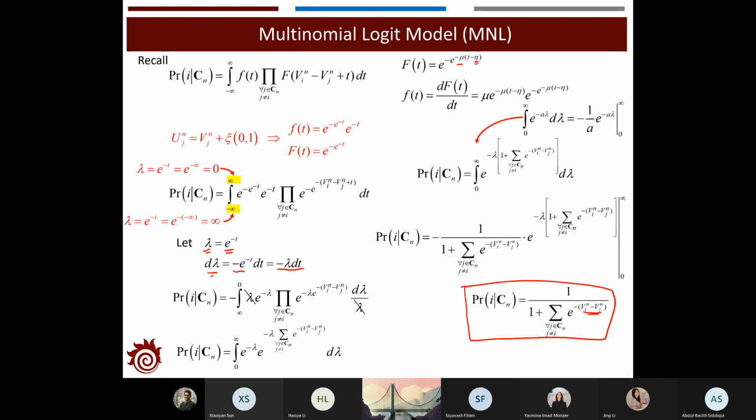This is not the end. We can further simplify the expression by multiplying by exponential of v_i on both the top and bottom of this expression.